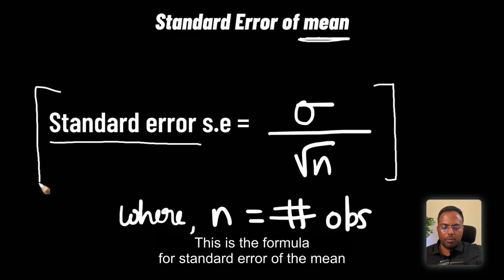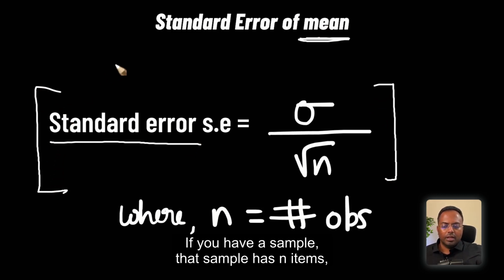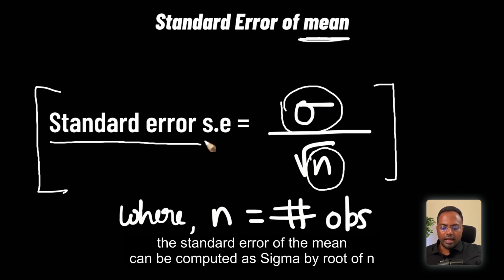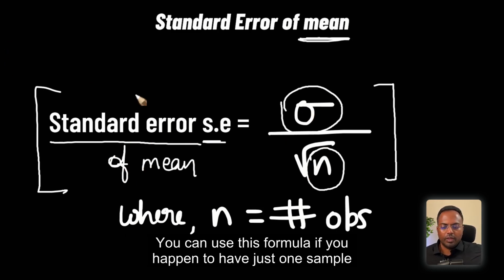So this is the formula for standard error of the mean. If you have a sample, that sample has n items, and you know the standard deviation of the sample, the standard error of the mean can be computed as sigma by root of n. You can use this formula if you happen to have just one sample.